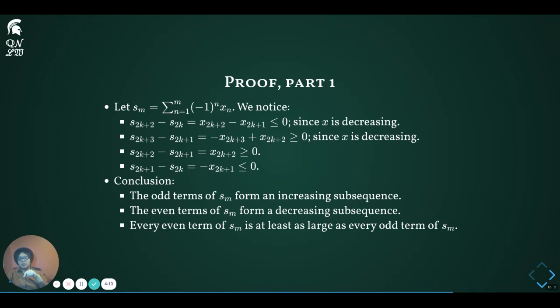All of these are due to the fact that we have alternating signs and that the original sequence x sub n is decreasing monotonically. There is one property we haven't used yet of the original sequence x, that it converges to 0. This we will use on the next slide.